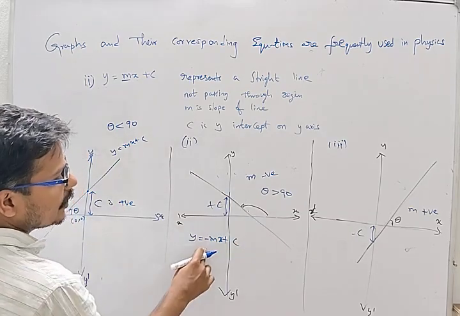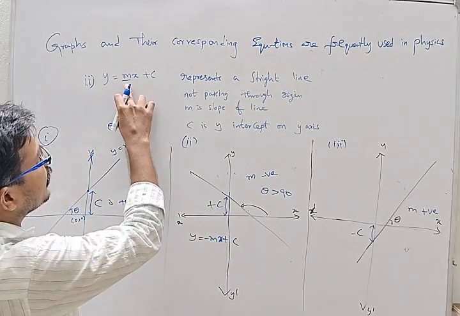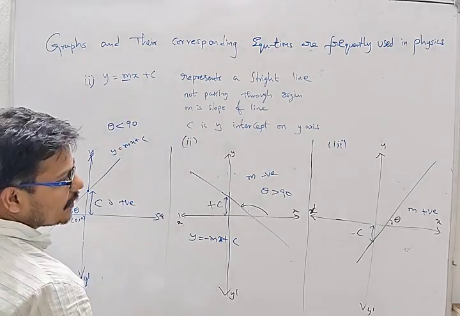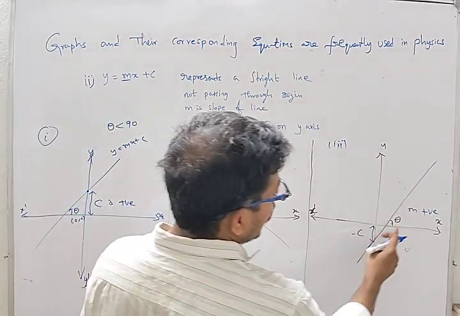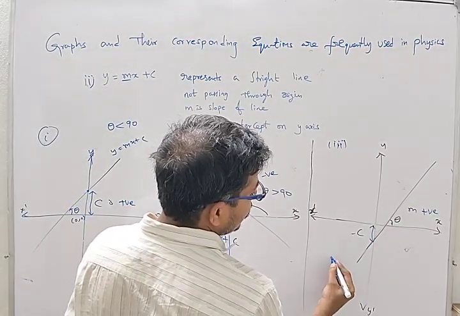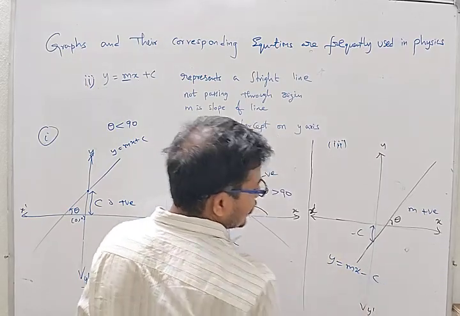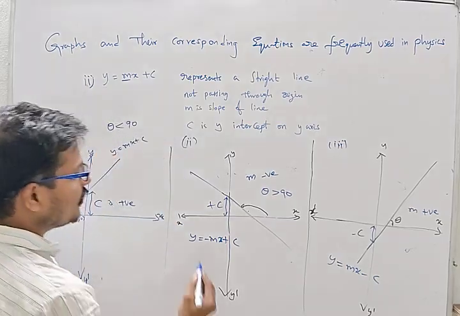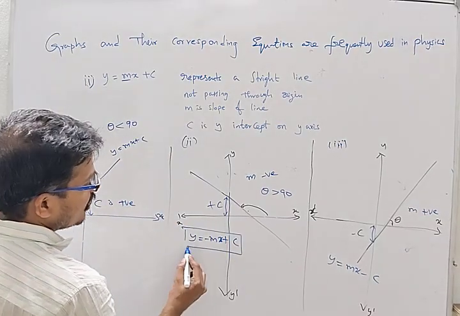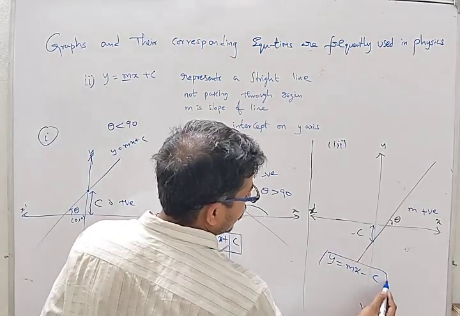Why? Because slope is negative, so that's why I am indicating m as minus m. And here slope is positive, but y-intercept is negative. y equals mx minus c. These are the general equations of these three graphs.